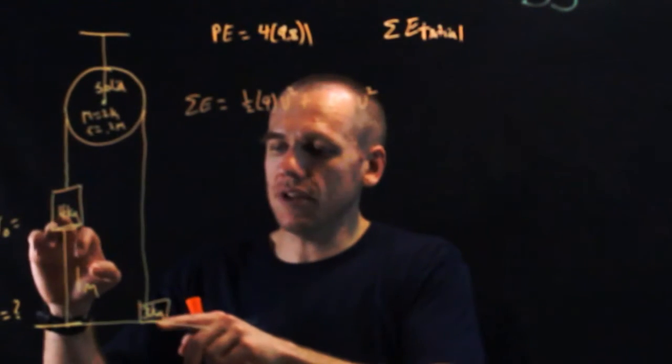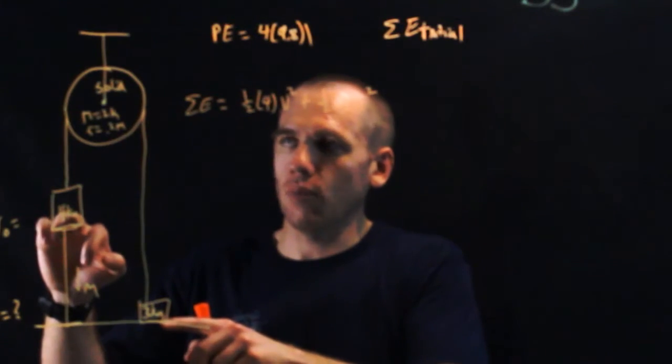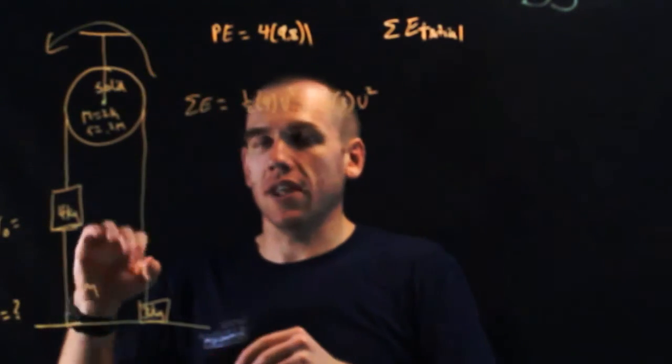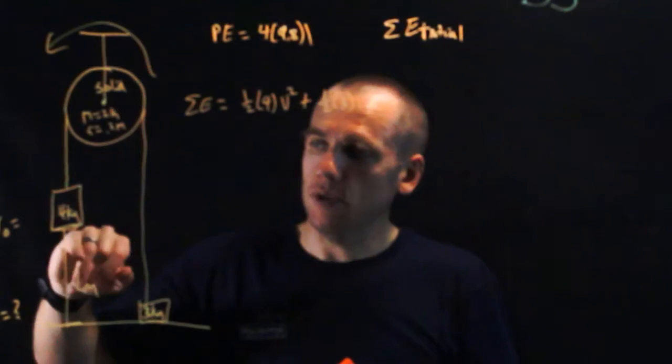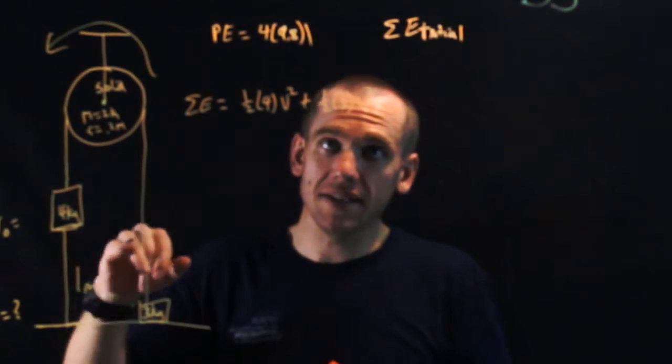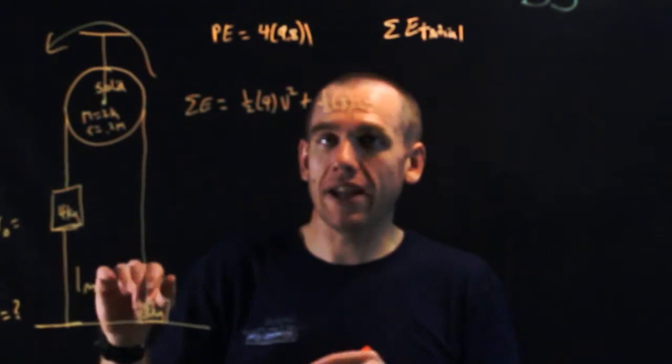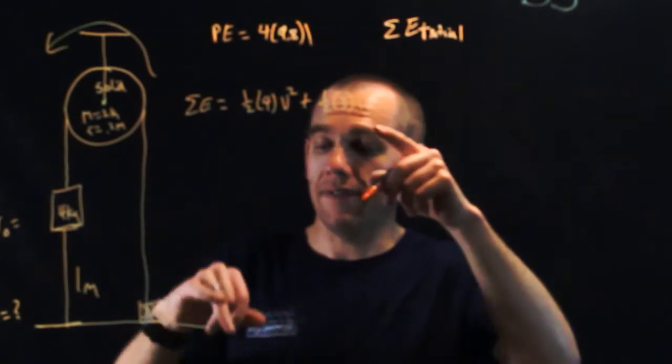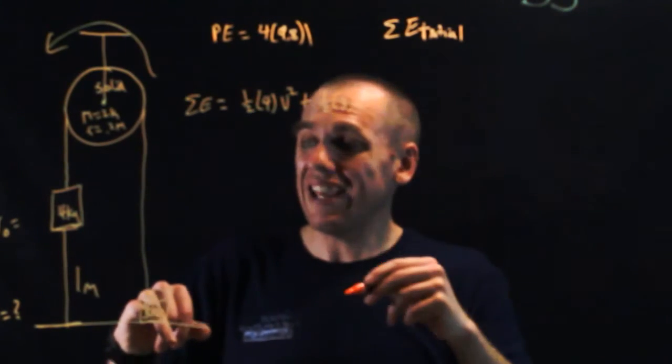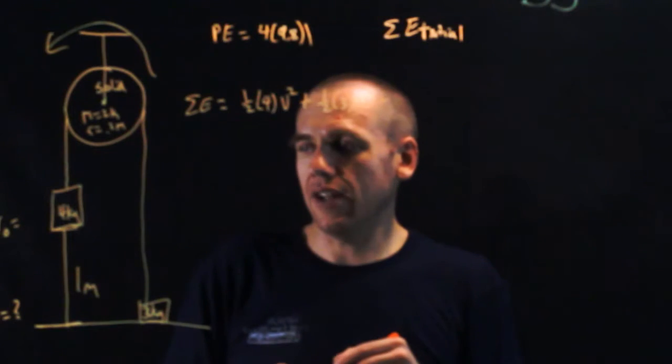Now technically these two things have, well, if you choose positive is this way, then they have the same velocity. If you choose positive is up, then they have opposite velocities, but we're squaring it, so the sign doesn't really matter. 1/2 mv squared plus 1/2 mv squared of this thing, plus it will also raise to a height of 1 meter.